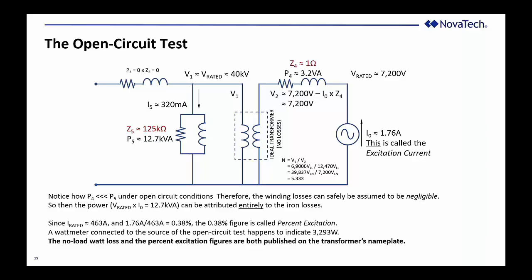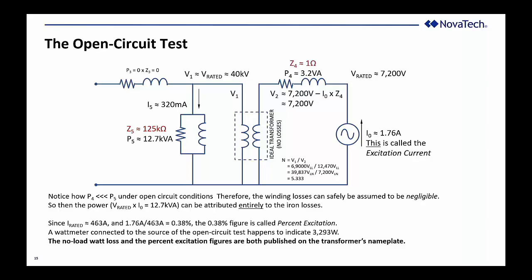That's not the important part. The important part is when I compare the power, 3.2 VA of the windings on the low side of the transformer, to the 12.7 kVA, 12,700 VA of the iron losses.